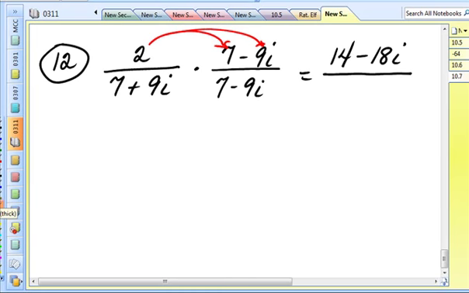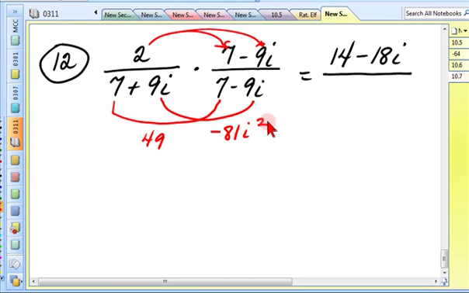You always get a real rational number. So, 7 times 7 is 49. 9i times -9i is -81i squared. Can't leave that, can I? That's gone. It becomes a positive. 49 plus 81, I believe, is 130.